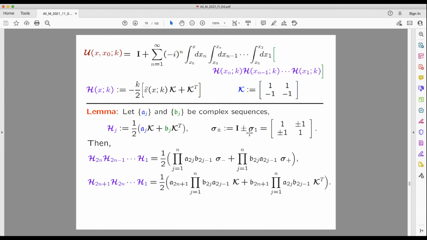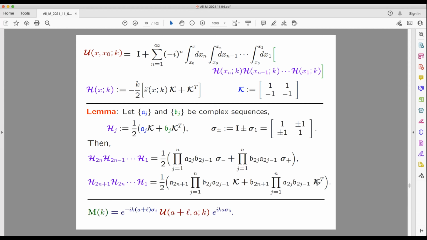Then I could show that if you multiply an even number of such matrices, you get a linear combination of sigma minus and sigma plus. If you multiply an odd number of them, you get a linear combination of K and K transpose. And using this lemma, we could actually calculate the terms in the Dyson series.